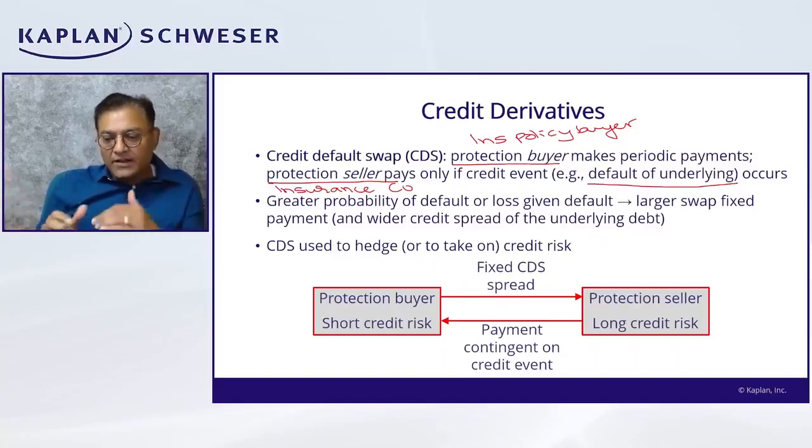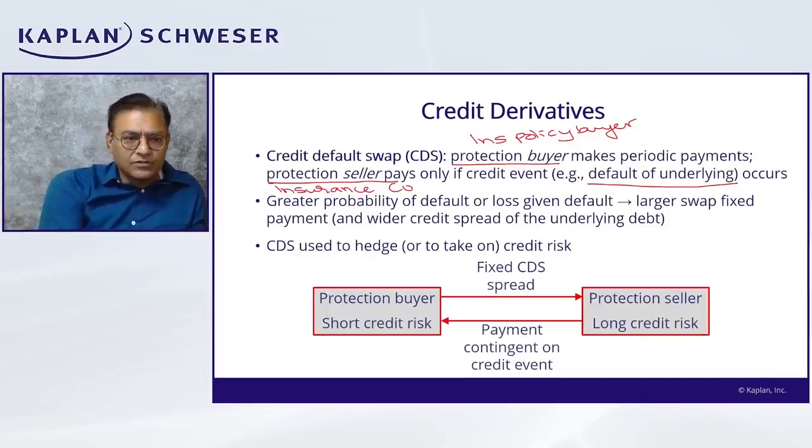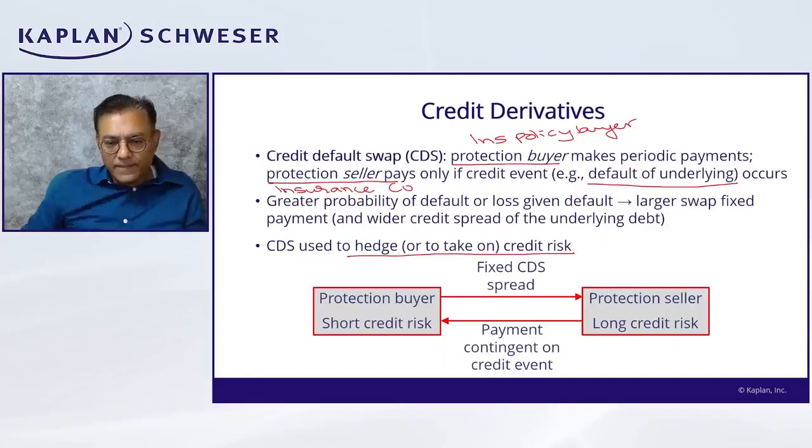Well, the protection buyer has already locked in a credit spread, so they can then turn around and sell it in the open market and take the difference in spread and profit from that change in price. Calculations are not necessary for you at level 1, but recognize that the protection buyer is basically betting on credit quality going down if they are a speculator. So CDS is used to hedge or to take on credit risk.